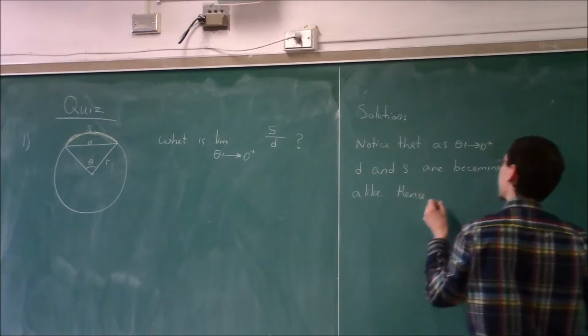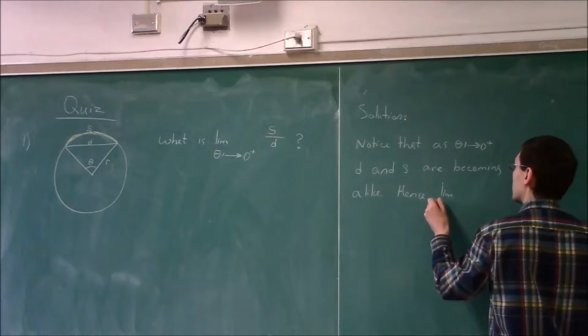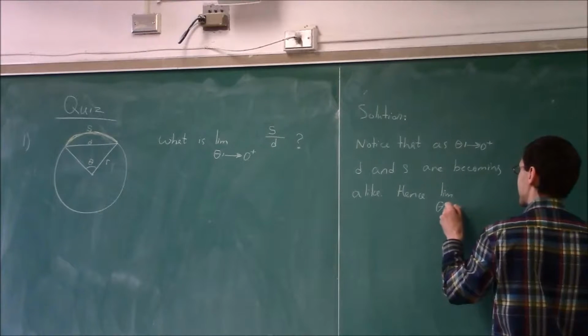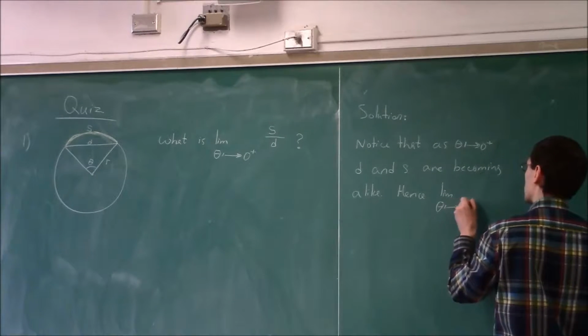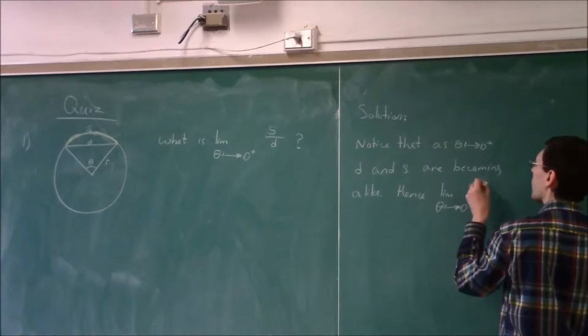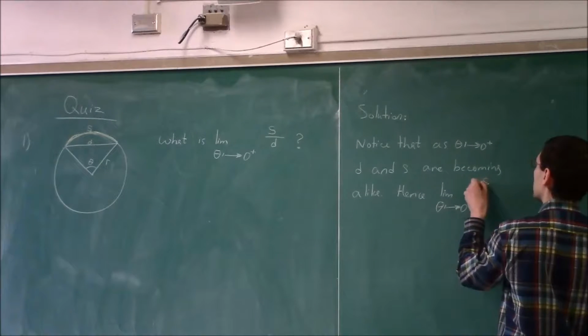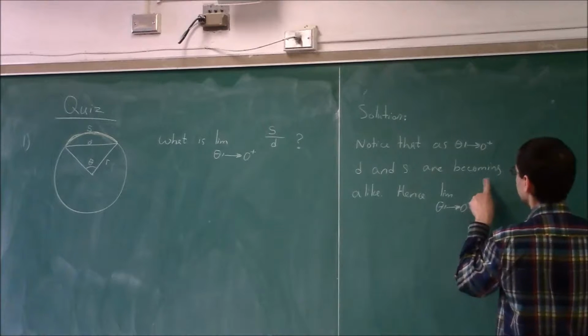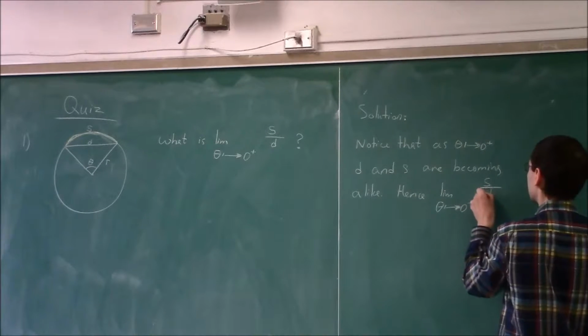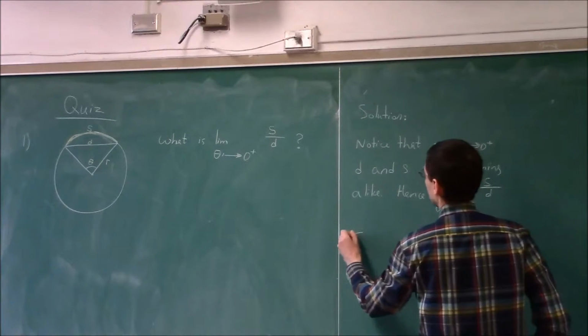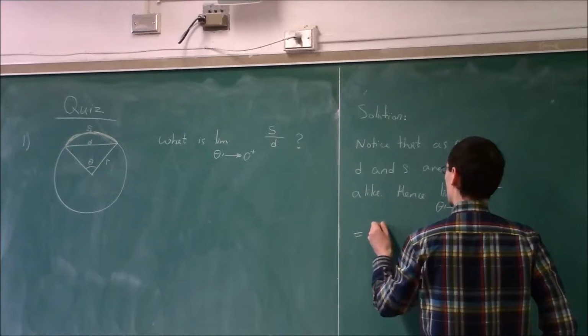Hence, the limit as theta goes to 0 plus of s divided by d is simply 1.